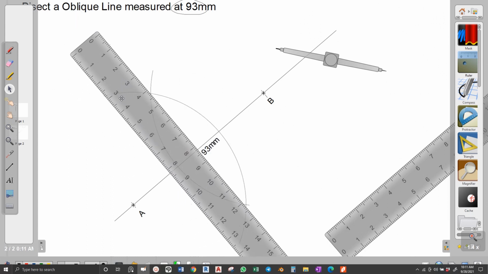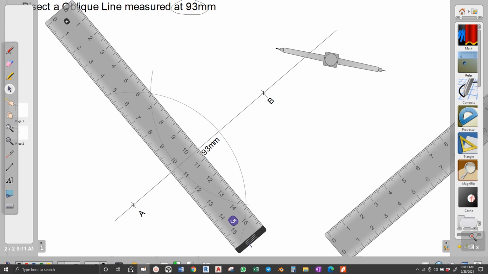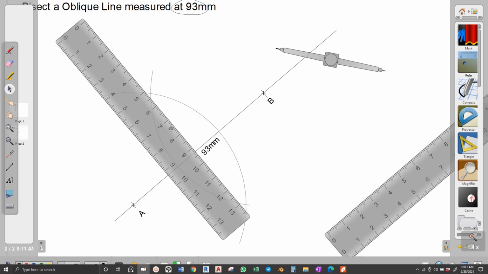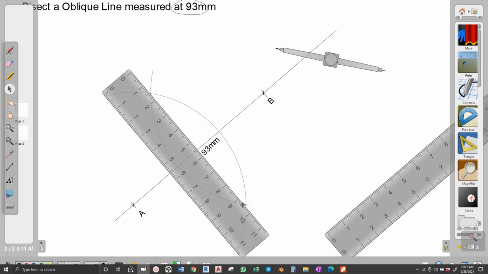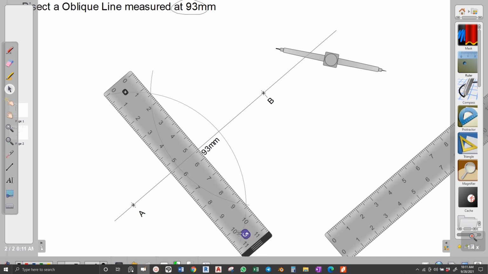So all that's left of me now is to simply take my ruler and position it to where the arcs intersect at these 2 points, just like we've done before. And we draw our line.